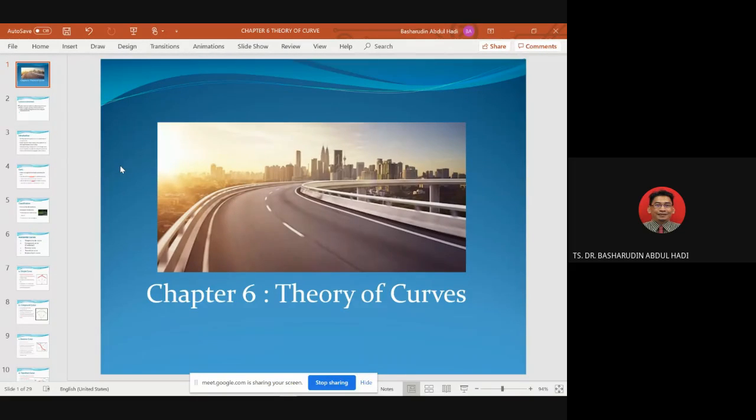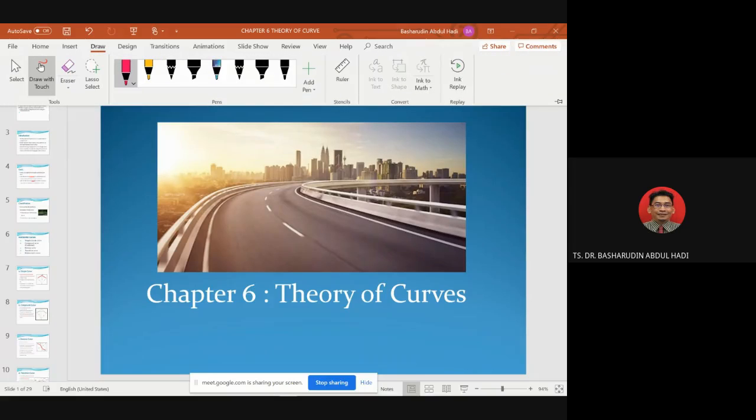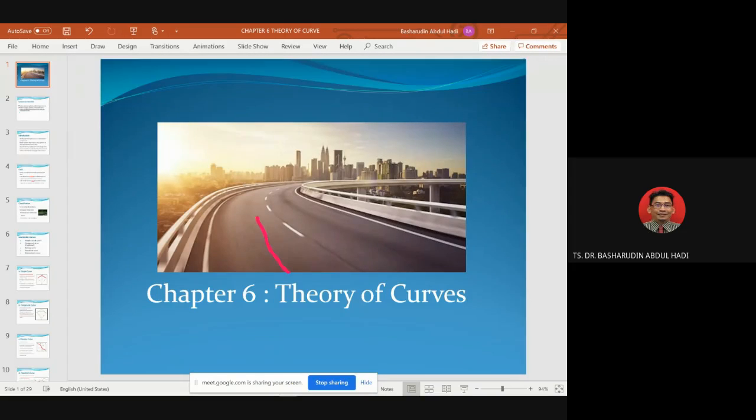If you come from this way, of course you have the curve on your right. If you come from this point, your curve is on your left. This one is a right curve. We call it a horizontal curve.